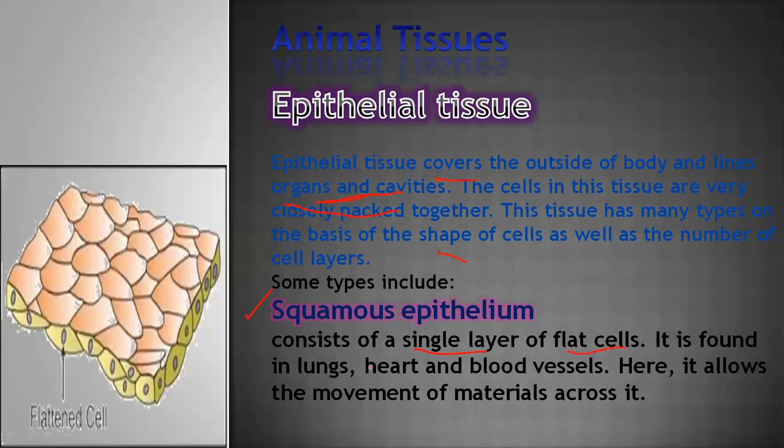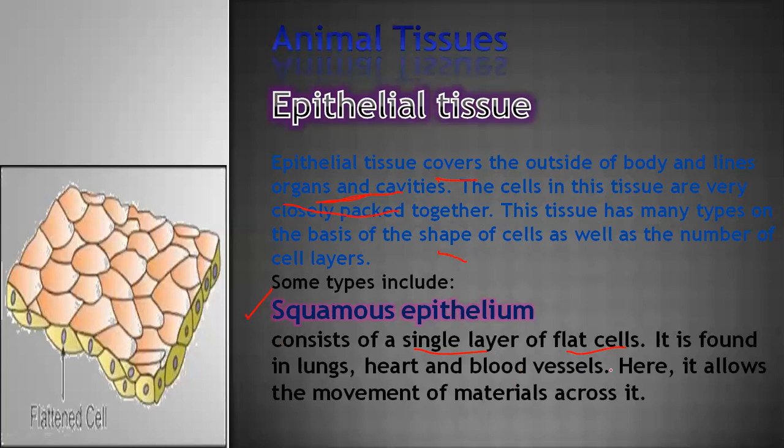There are 3 points in every heading. Number one, what is its structure? It is a single layer of flat cells. The other one is its location. It is found in the lungs, heart, and blood vessels. They are all covered from outside or inside with the help of squamous epithelium.